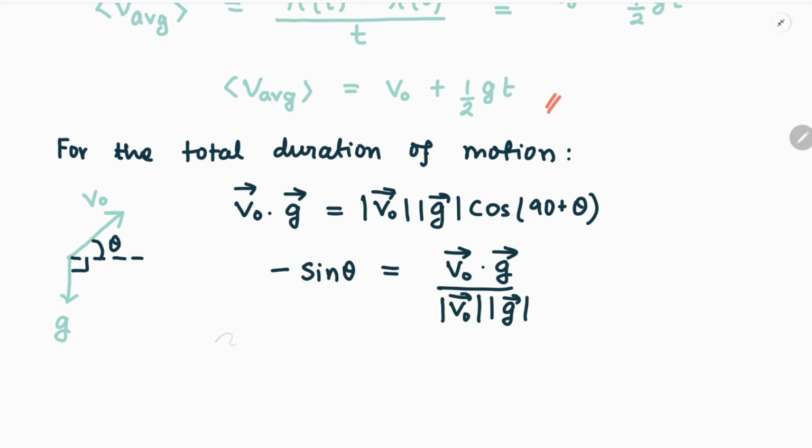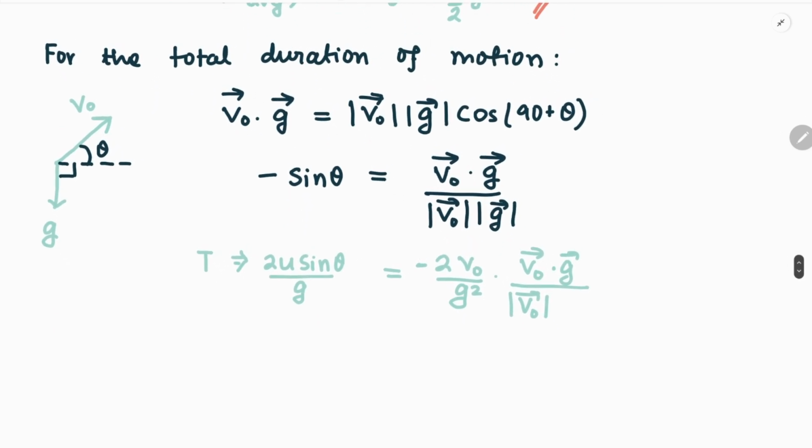Now the total time of flight t is 2 v0 sine theta by g, which is the working formula. Substituting, we have 2 v0 by g and then sine theta, where sine theta is minus v0 dot g by magnitude of v0 and magnitude of g, so this becomes g square.